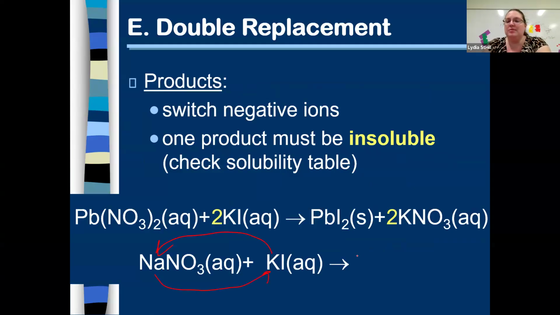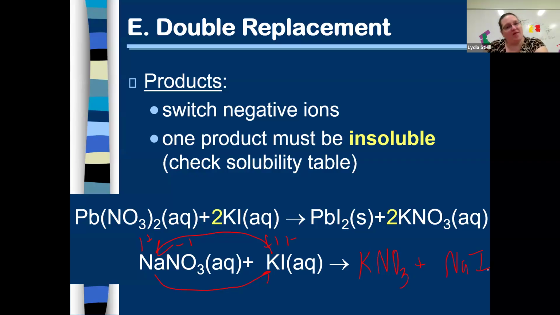So we know K is a +1. So we form K bonded to NO3. And it's a 1-to-1 ratio because K is a +1, NO3 is a -1, Na is a +1, and we know that I is a -1. So we understand that it's 1-to-1 to 1-to-1. All right, so we swap the partners, we get KNO3, and we get our NaI.